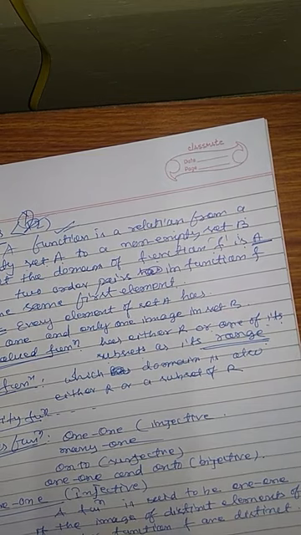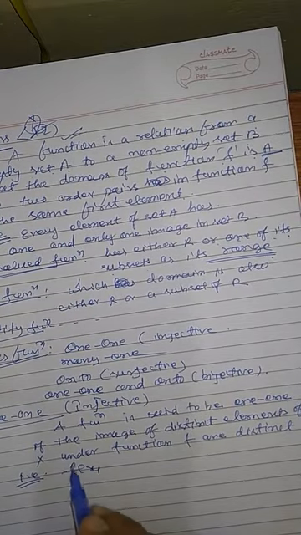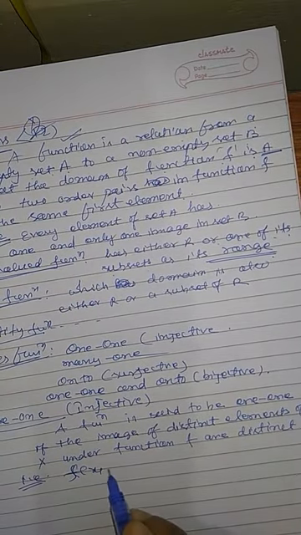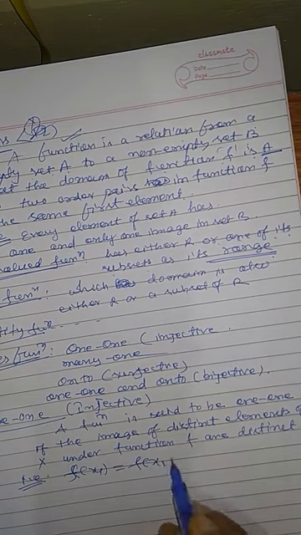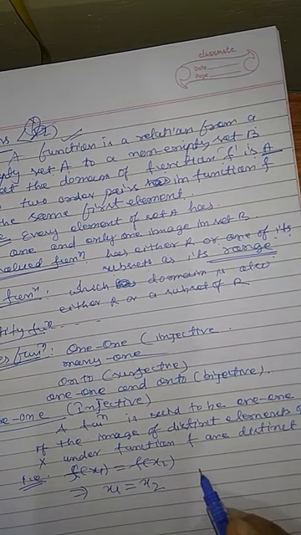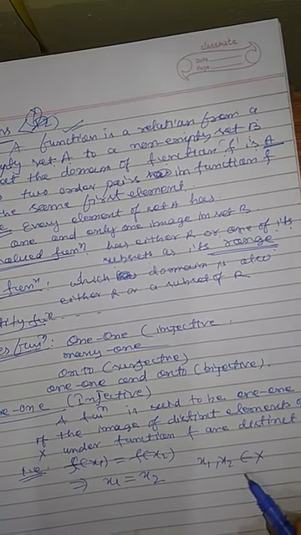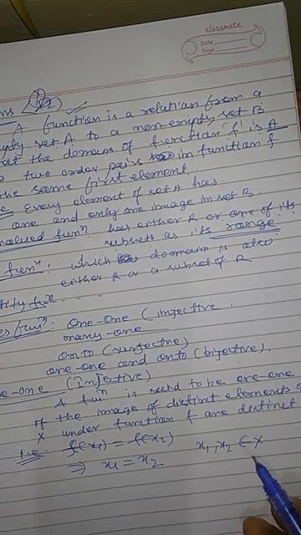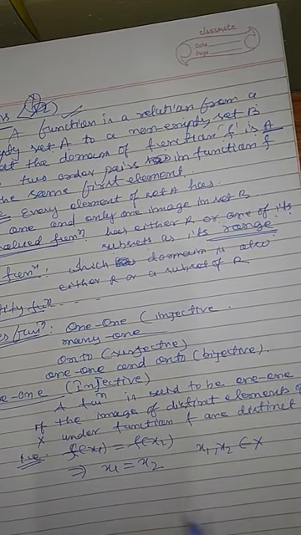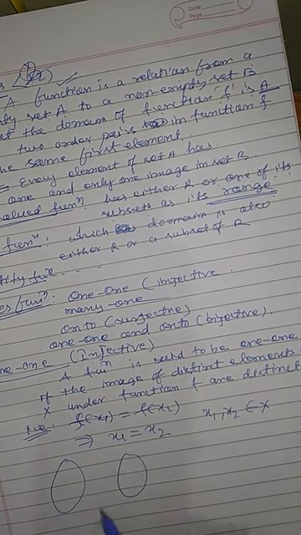You can write: if f of x1 equal to f of x2, it will imply x1 is equal to x2, where x1, x2 belong to capital X. Clear? You can say like this also, mapping.